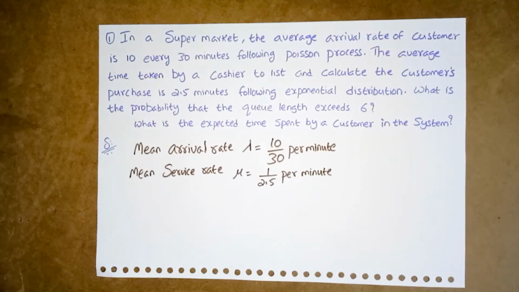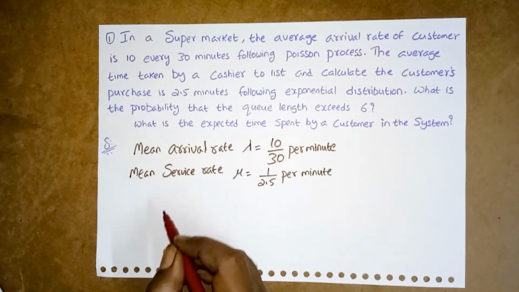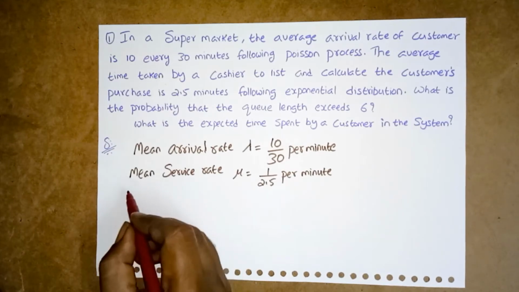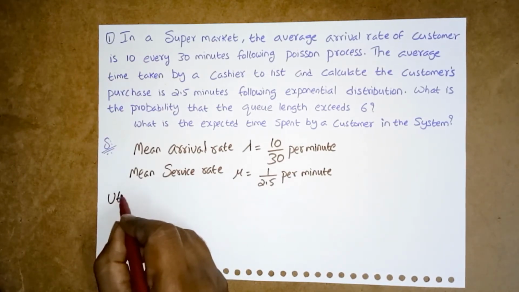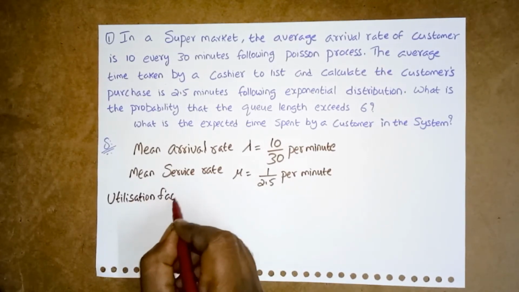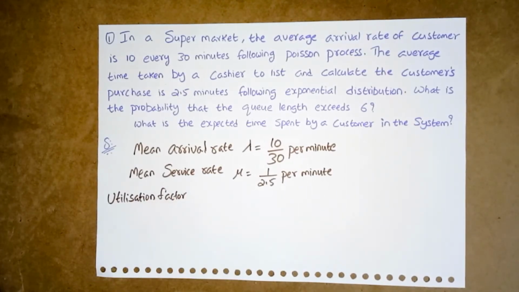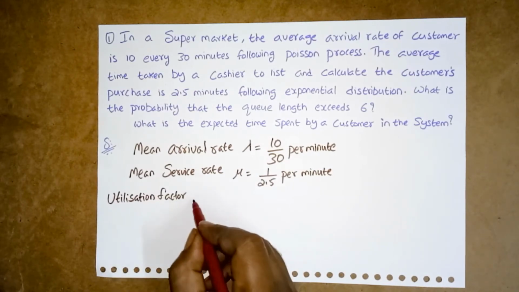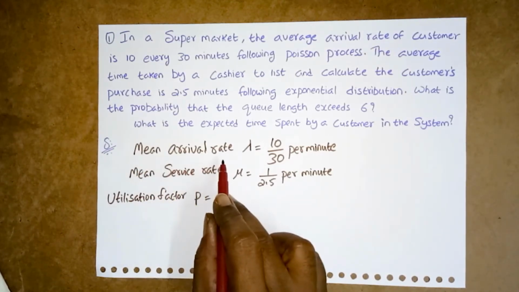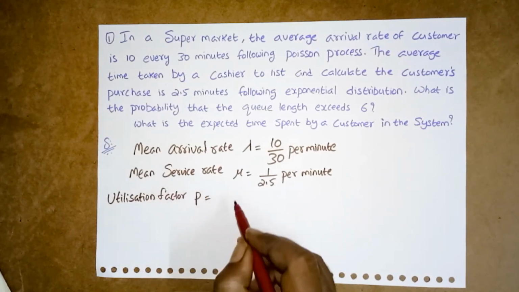Next, after writing these things, we go for the utilization factor, which we saw yesterday. Rho is the utilization factor, which is mean arrival rate by mean service rate.